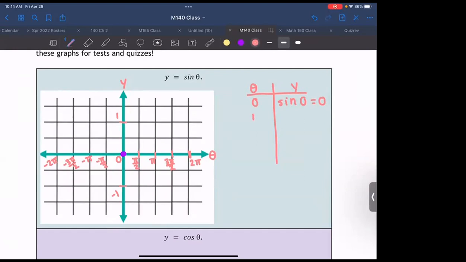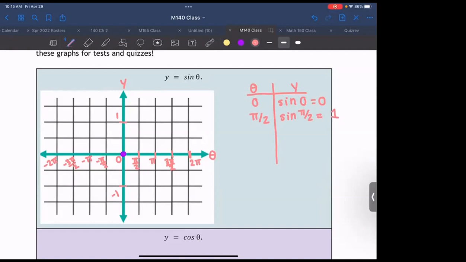Next, pi over 2. Y would be the sine of pi over 2. Remember, that's our 90-degree angle. What's the sine of pi over 2? 0, 1, right? The coordinate for pi over 2 is 0, 1. Sine is the y value, so sine of pi over 2 is 1.